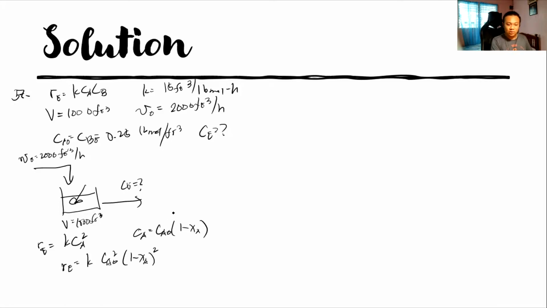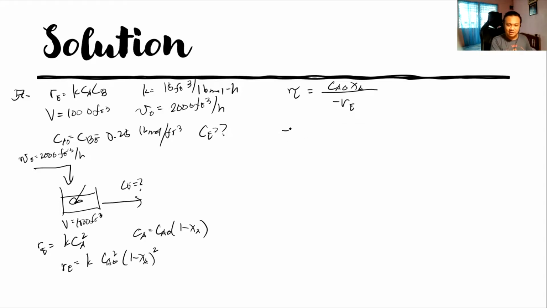Okay, so and we have this equation that we derived from the last video, this equation, diba? So that is tau is equal to CA0 XA over negative r. Let's just put RE here because we are getting RE here, diba?